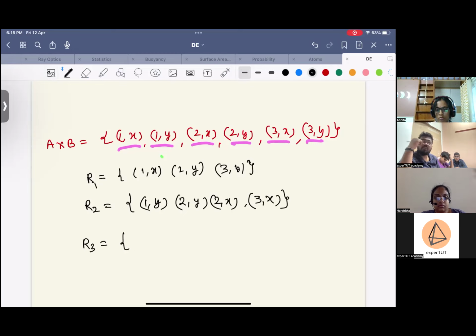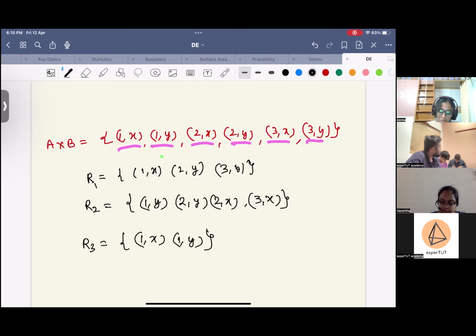Say one subset R3. 1 comma x, 1 comma y. Okay, enough. This is also a set. It is also a subset, right? This is also a relation. I've written all these, right? Correct.